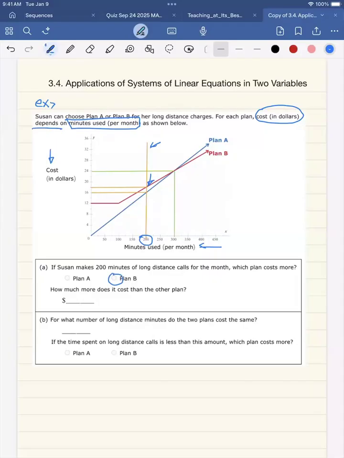Second question is, how much more does it cost than the other plan? Now we have to compare the price. We have to know the actual value.